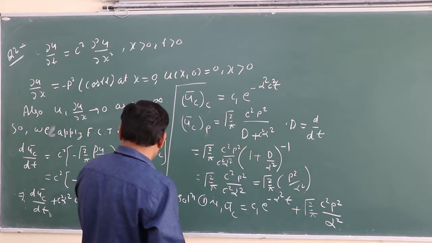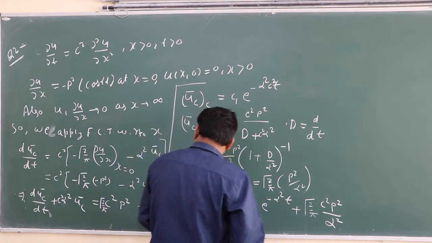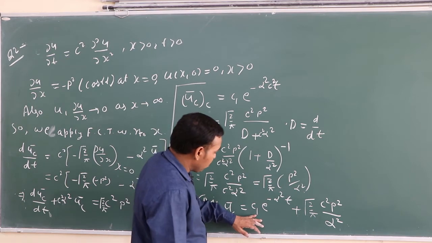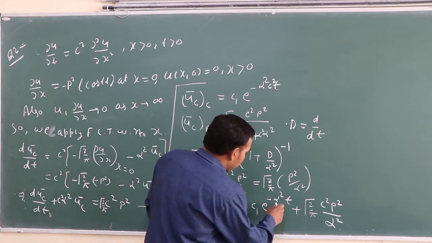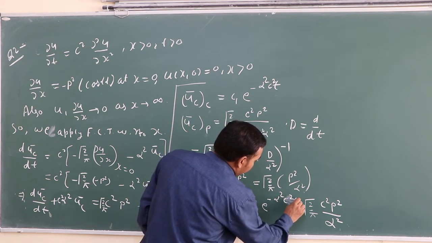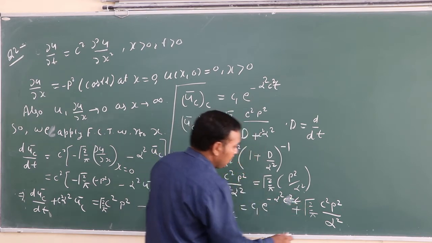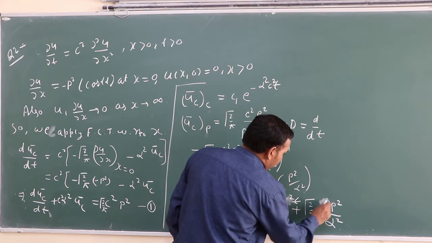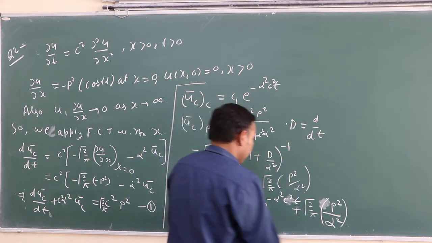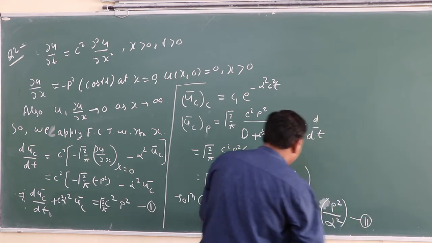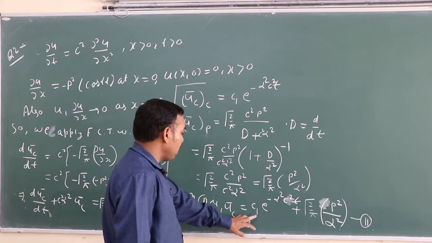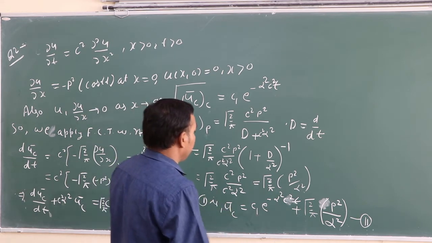So we can say the solution of 1 is u_c bar equal to c1 e to the power minus alpha square c square t plus under root 2 upon pi p square upon alpha square. Say this is 2.